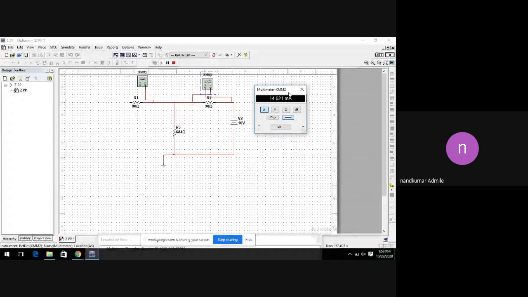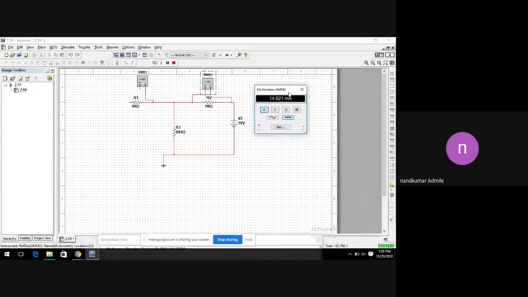Whatever the write up, we have to scan it and send it to me. Once we complete all the practicals, we have to write a one page write up for all the experiments. I'll provide the manual, and I'll provide the simulation of all the experiments. So we have to write a one page write up on each experiment.